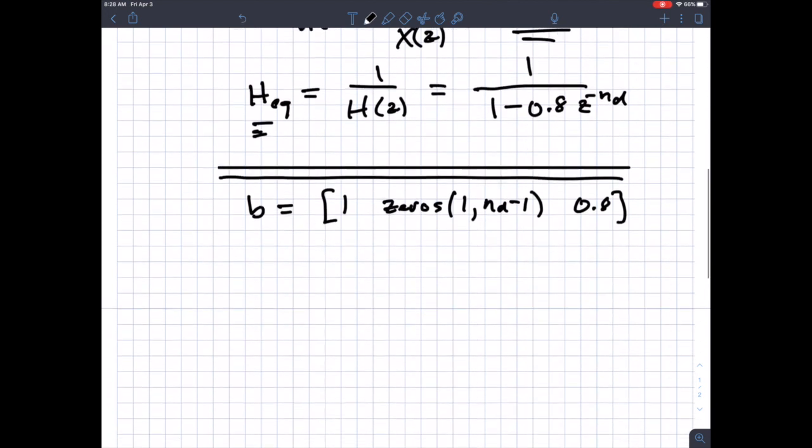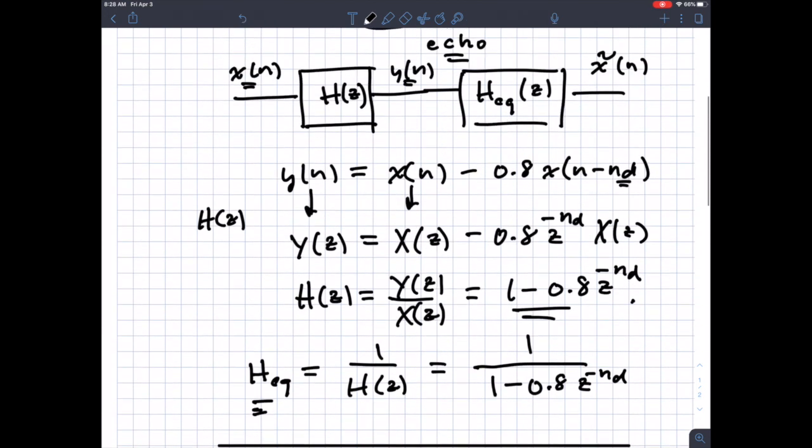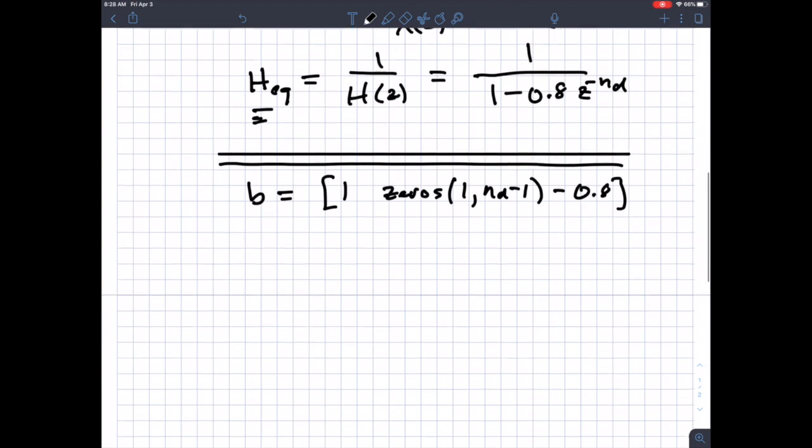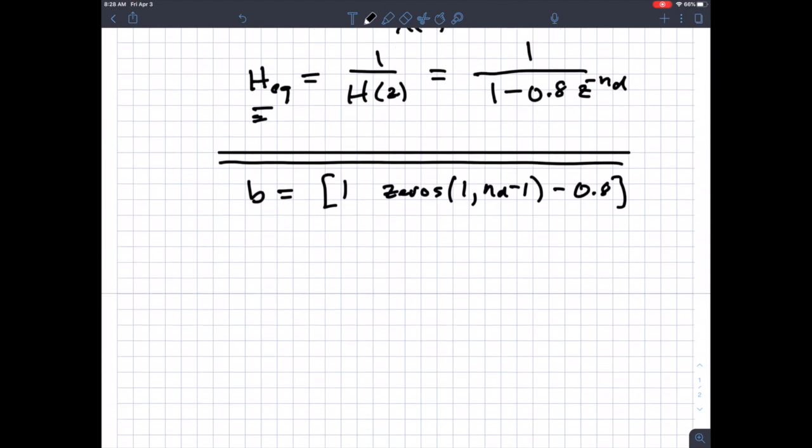Well, minus 0.8 because I subtracted that echo. And the a vector would be 1. So this is what you'd use to implement H(z) in MATLAB.